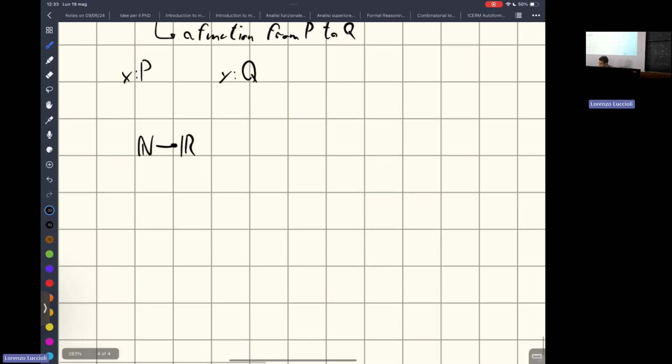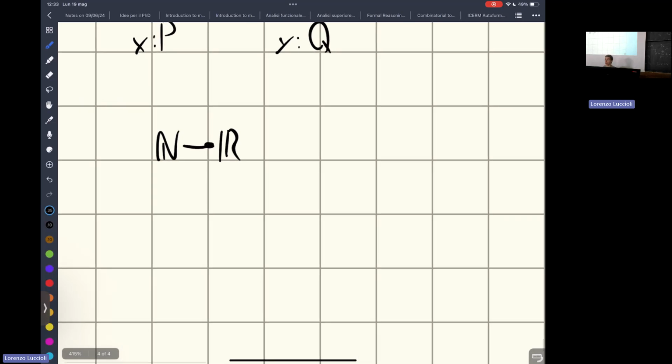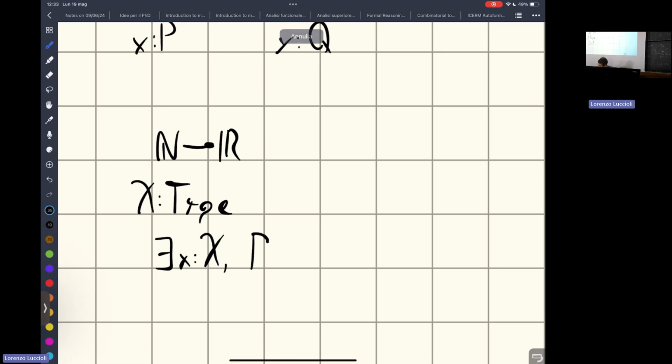And now just quickly, we can also do quantification. For example, we can say there exists an x in some type X such that P of x.